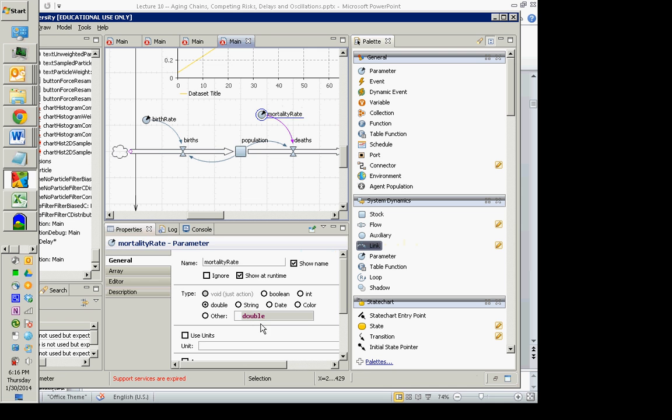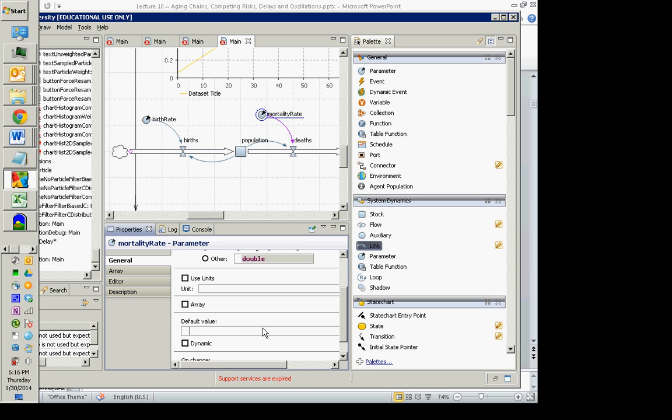If this is 1% per year, people have an average lifespan of how many years? 100 years. Good. And I'll make the birth rate 0.02, so a 2% birth rate.